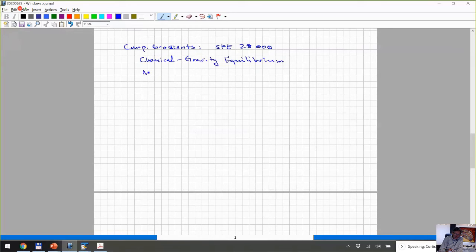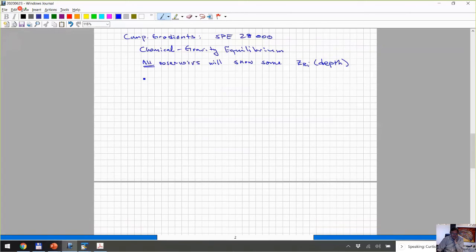So all reservoirs will show some variation of reservoir composition with depth. Okay? You'll have more methane at the top, less methane at the bottom. So that's for sure.